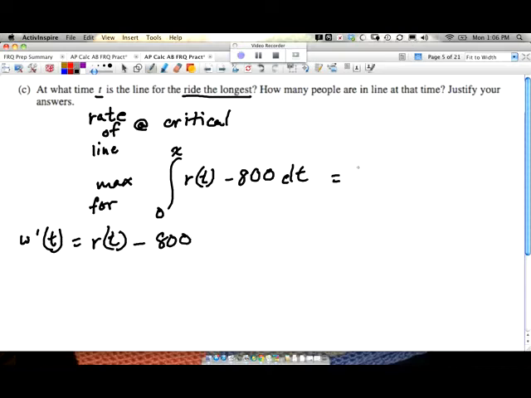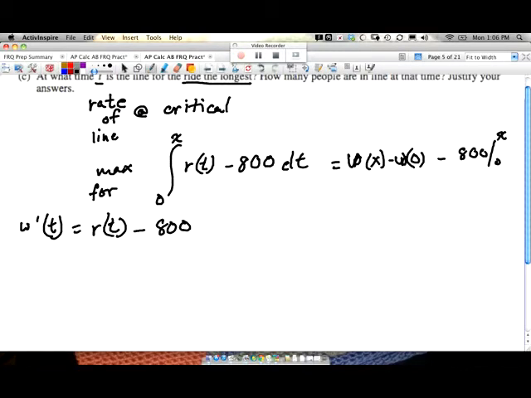Then this here is going to equal R of x minus R of 0, minus 800 from 0 to x as well. And you're trying to ask yourself, so when does that equal a max? The idea is looking at critical points for your max, where the rates change, when the incoming and the outgoing cross each other, and also at the beginning and the end.